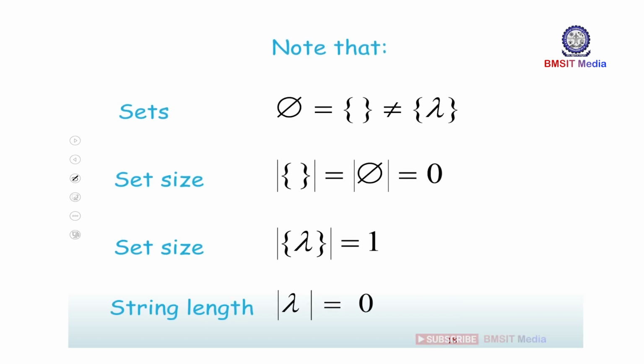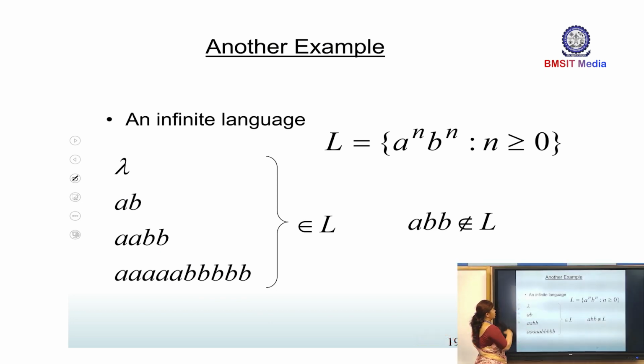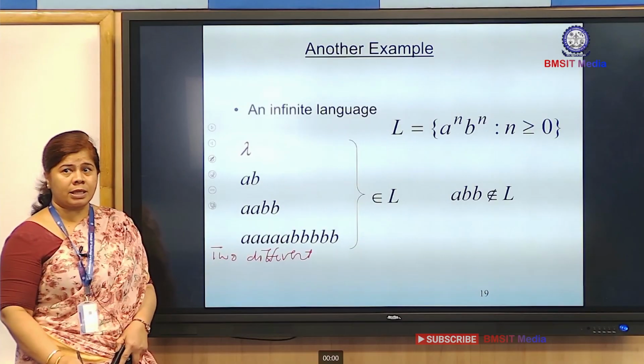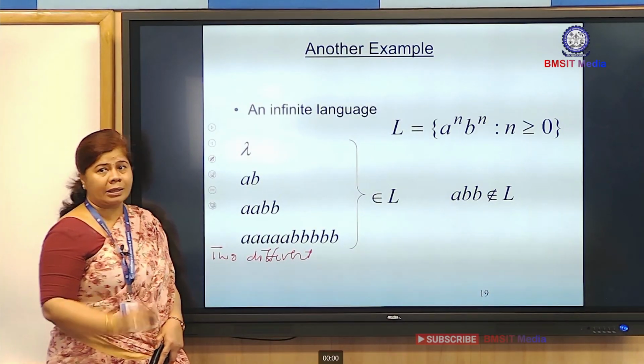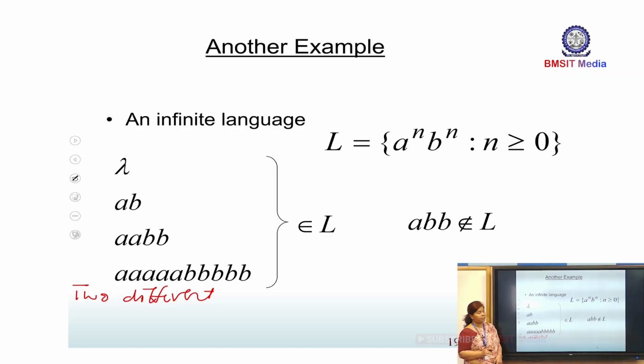The normal operations of sets apply to languages. In languages you have two different kinds: the finite language and the infinite language. An infinite language means a language where you cannot restrict the strings which will come under that particular set.